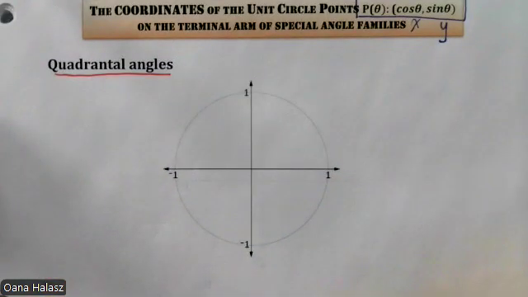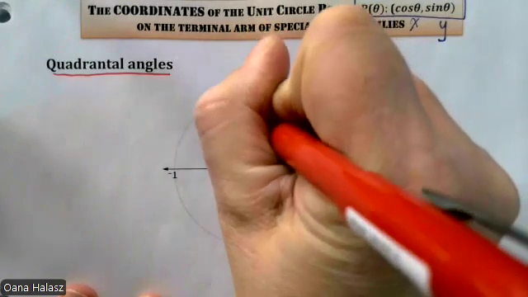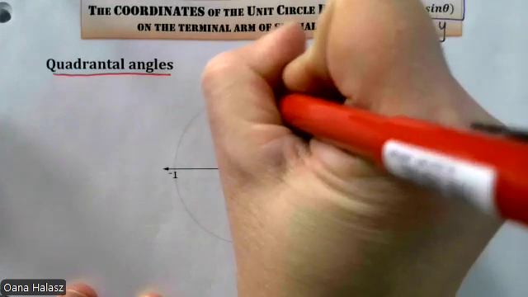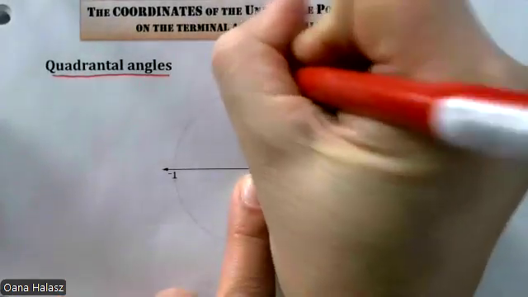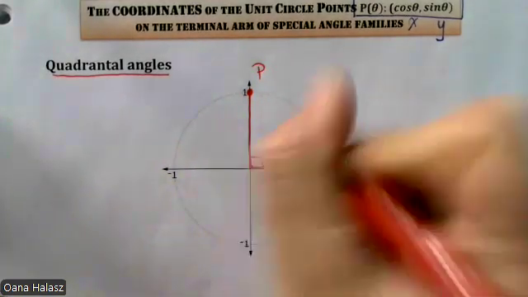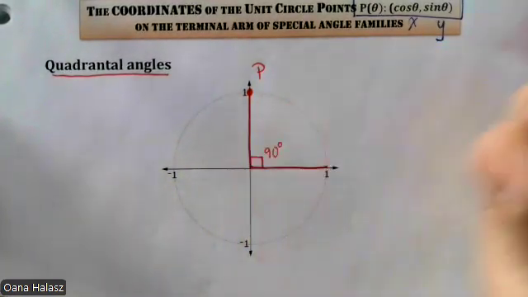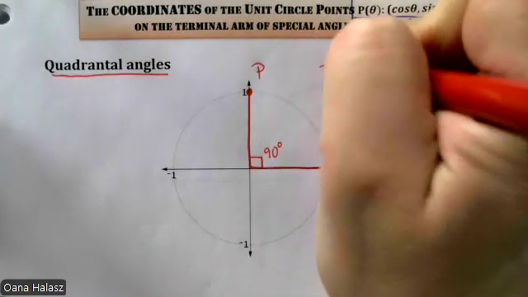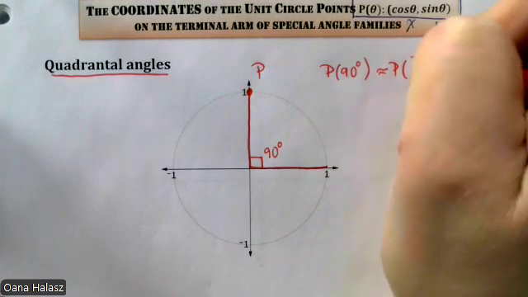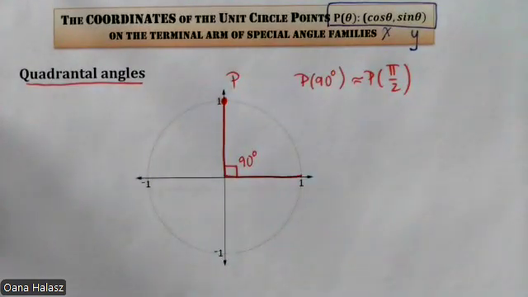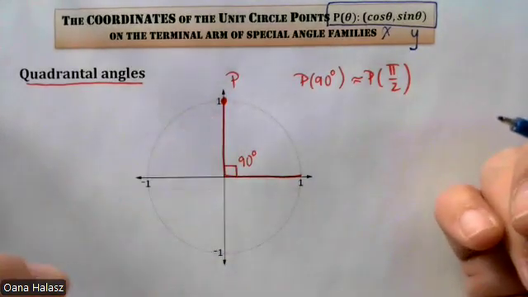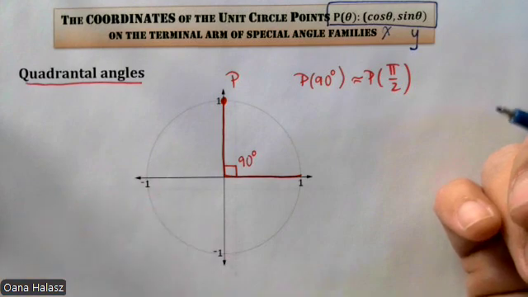So let's pick one that's a bit easier to see. So let's pick this angle right there. Okay, and this is the point that I'm trying to get to, this point right there, and the angle is 90 degrees. So P of 90 degrees, which is the equivalent of P of pi over 2 in radians. What are the coordinates on the Cartesian plane of this point?